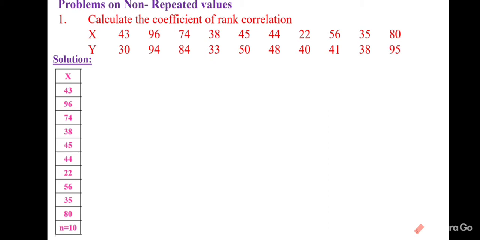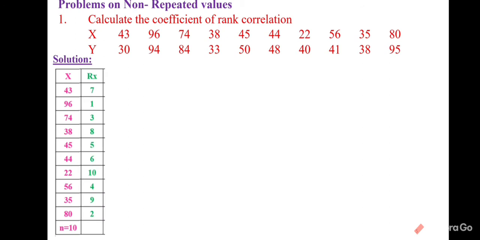Look at this. In this place, 96 is the highest value. Then the highest value is 80. Then 74. Then 56. Then 45. Then 44. Then 43.